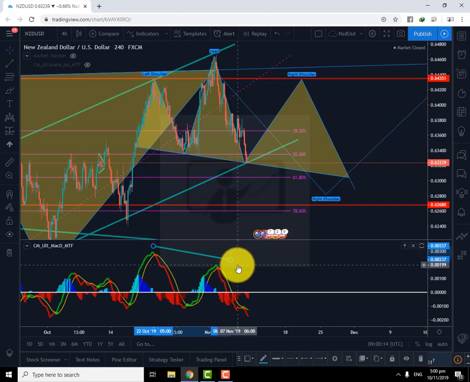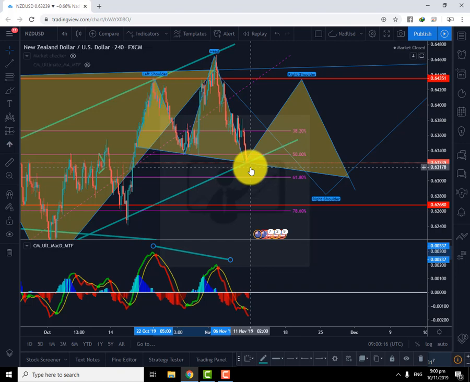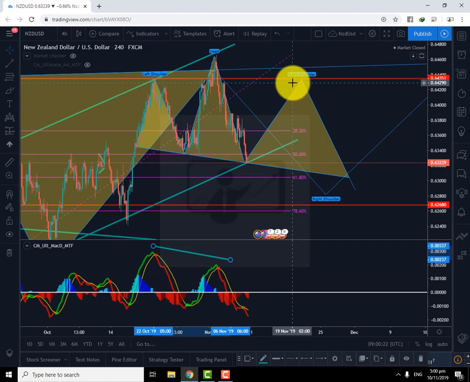On the 4 hours, if the market rebounds and tests the resistance, then that's the time we're going to create a trade. So I currently create my advanced trade on this price level.